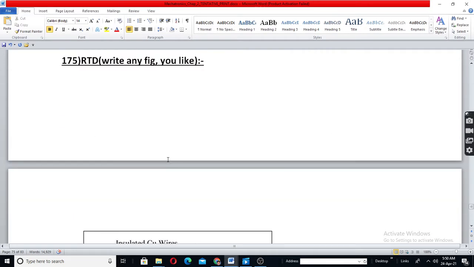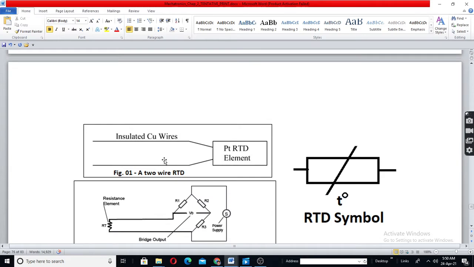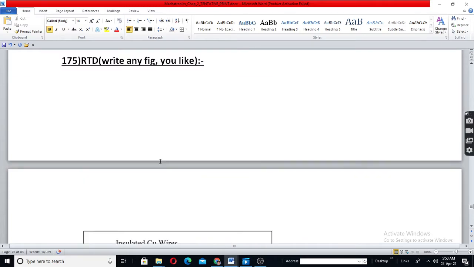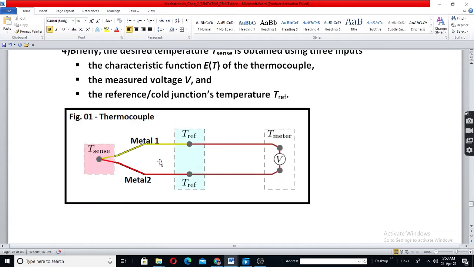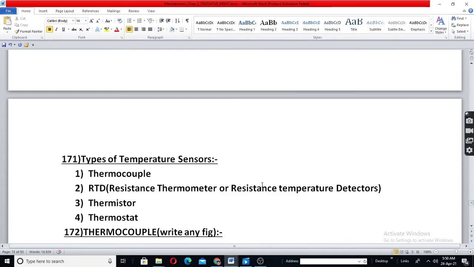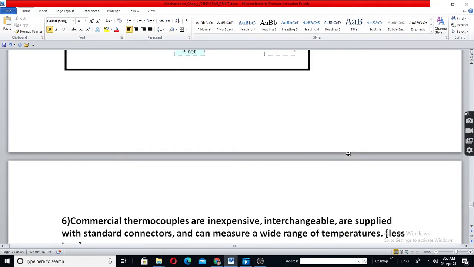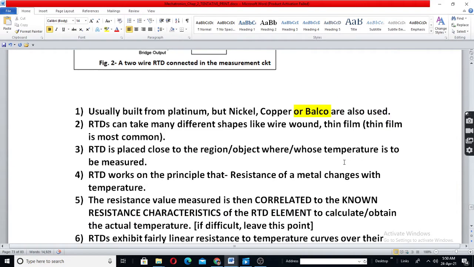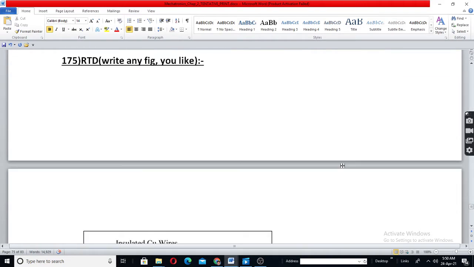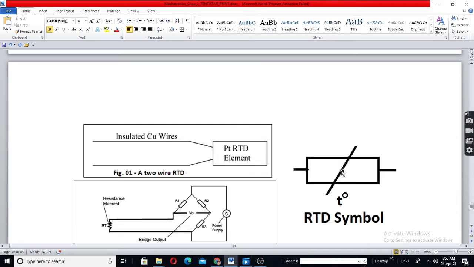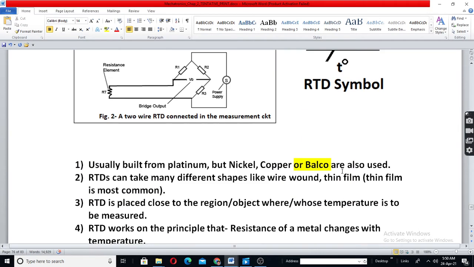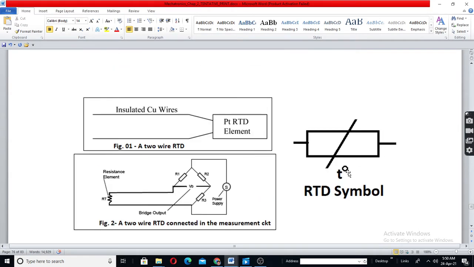Okay, next is resistance temperature detectors or resistance thermometers. See here, the symbol is like this, resistance, and this shows it is varying with respect to temperature.